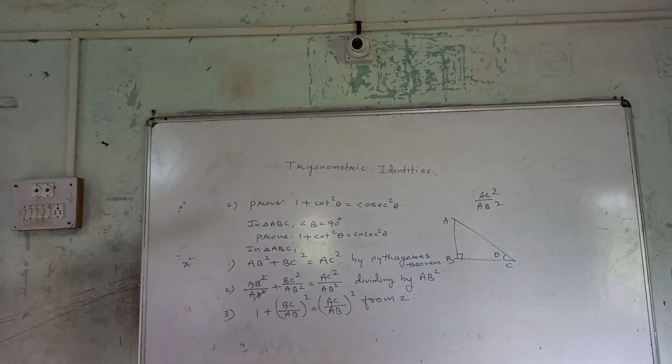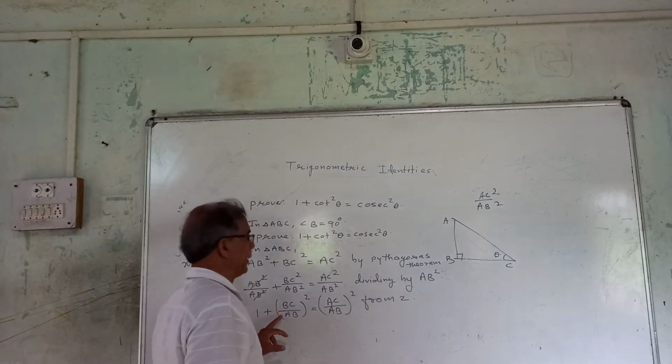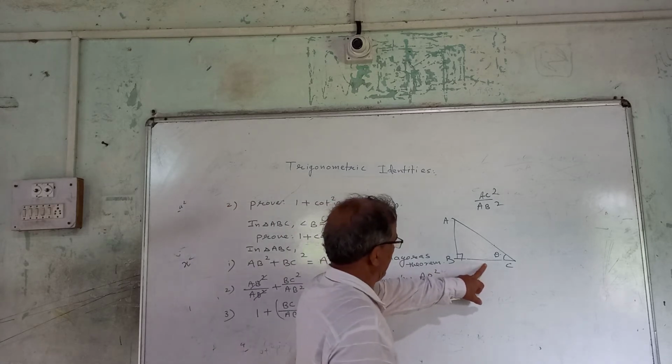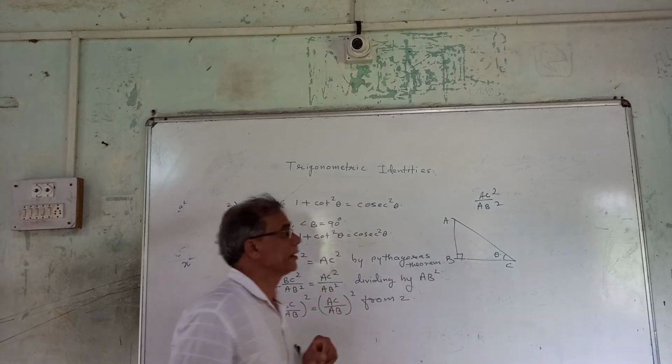Isn't it? Now 1 plus BC upon AB. BC means it is which side? BC means it is adjacent side to the angle, upon AB. Adjacent upon AB means opposite. Adjacent upon opposite, which ratio?